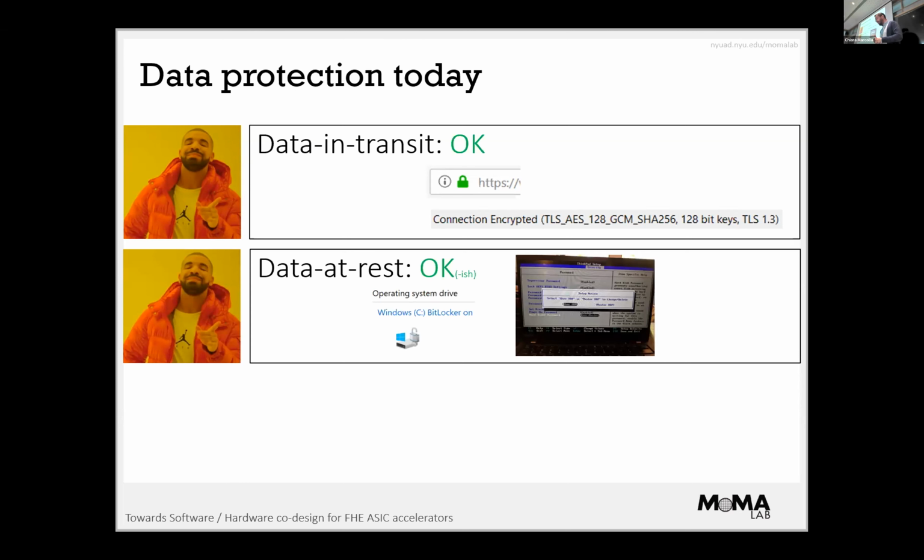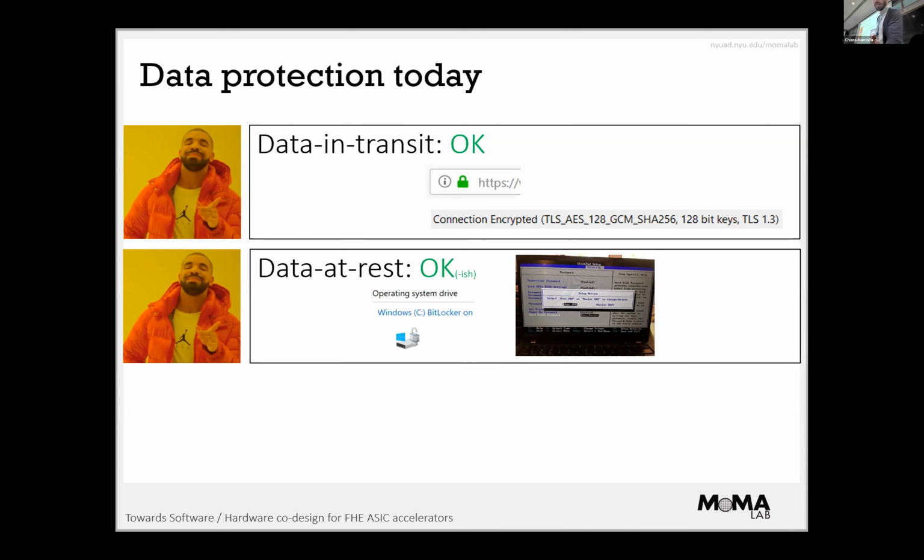The second form is data at rest, meaning data stored on a hard disk. What kind of attacks can exist there? Someone can take the hard disk out of the computer and try to take the data directly. We almost solved this problem. For example, you can do encryption at the hard disk level. Whenever you add something to the hard disk, it gets encrypted. So if someone takes the hard disk out, there's nothing they can do with the data without the key.